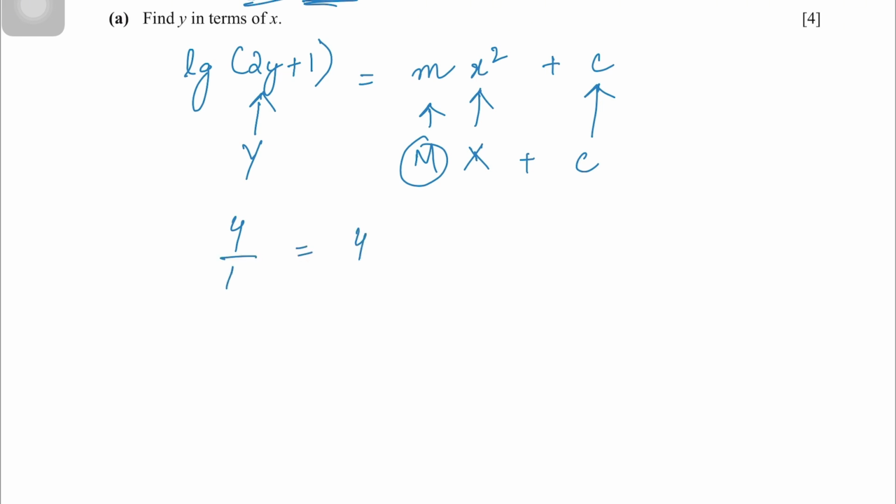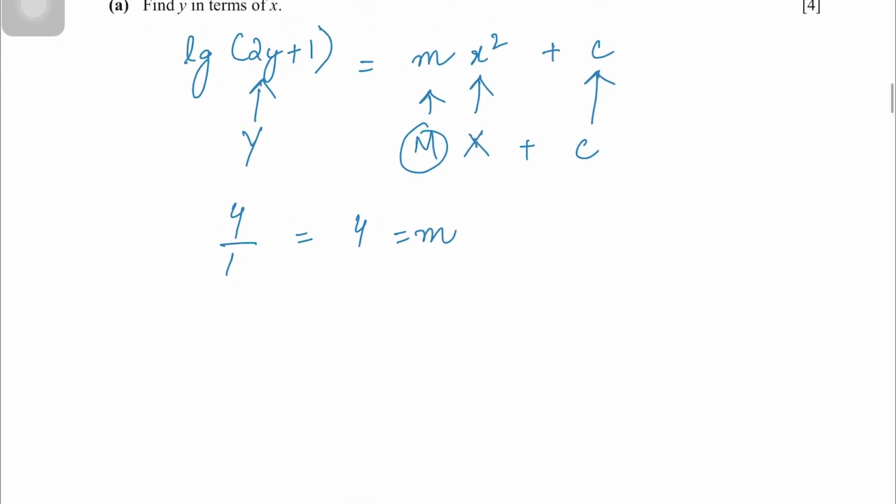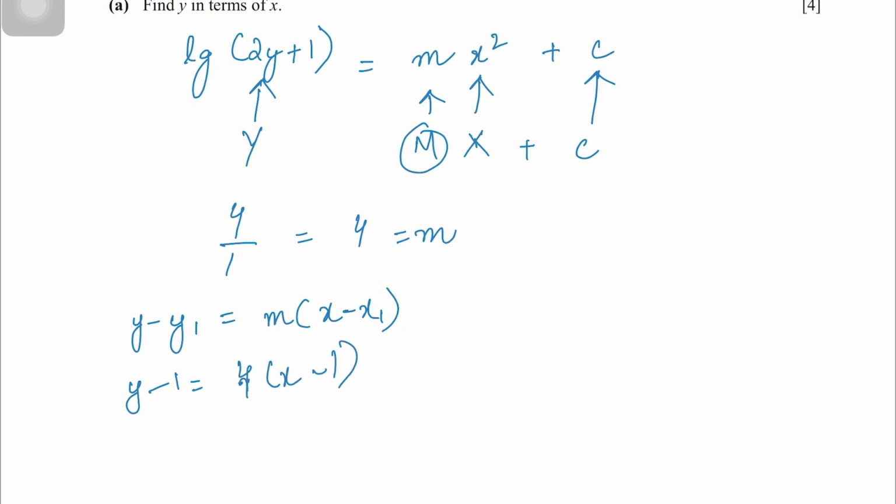We can calculate our c by using y minus y1 equals m times x minus x1. So this would be y minus 1 equals 4 times x minus 1, and we can write this as 4x, minus 4 and then plus 1, so this would be negative 3.